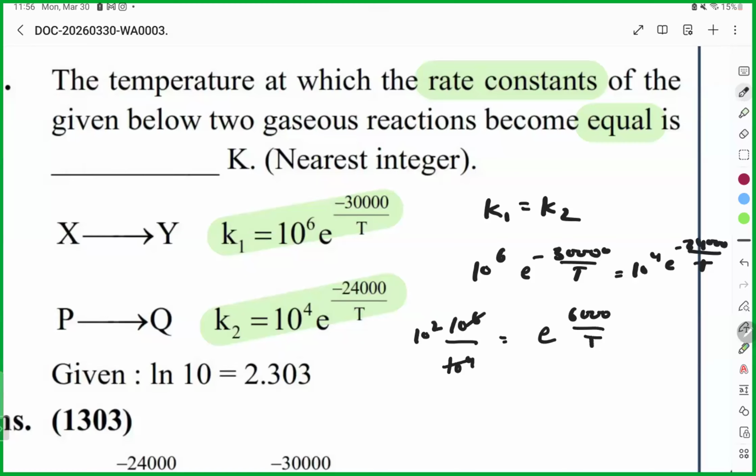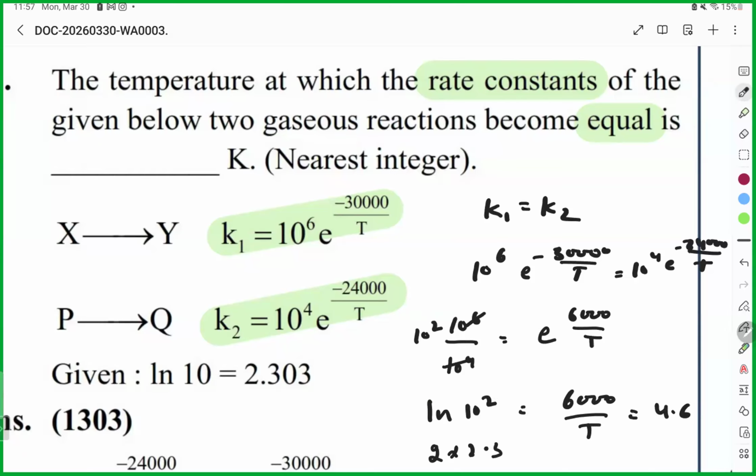Any doubt? So if you take natural log both sides, natural log of 10 raised to power 2 will be equal to 6,000 by t. Natural log of 10 is 2.3, so 4.6. You can calculate the value. Any doubt?